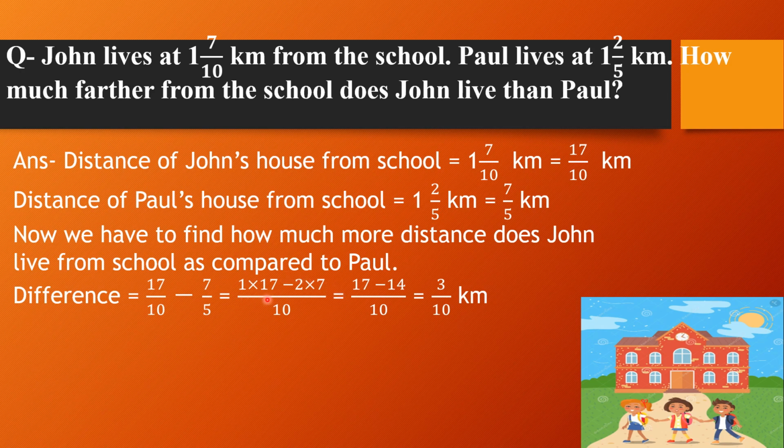Now 17 ones are 17, 2 sevens are 14. Always do multiplication first. 17 minus 14 by 10. Now subtract it. It is 3 by 10 kilometer, and always remember the unit is very important.